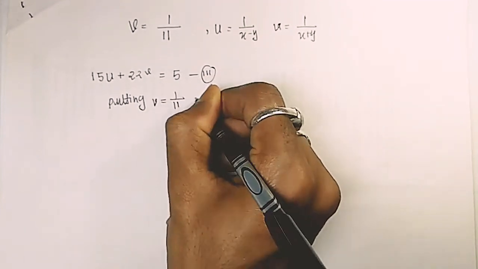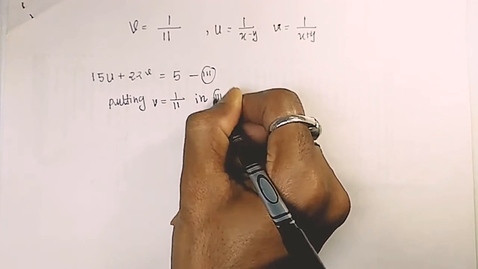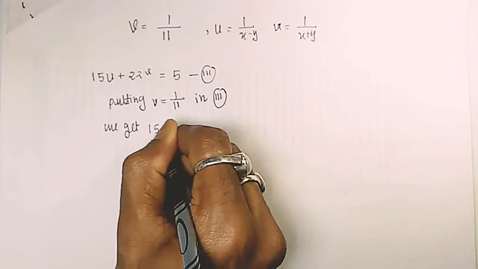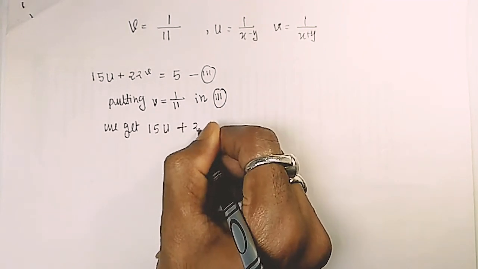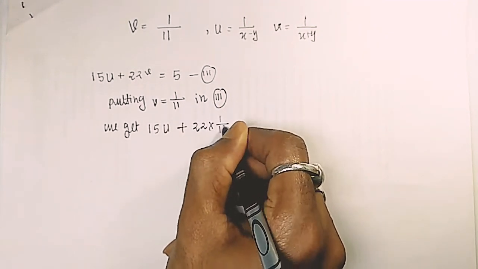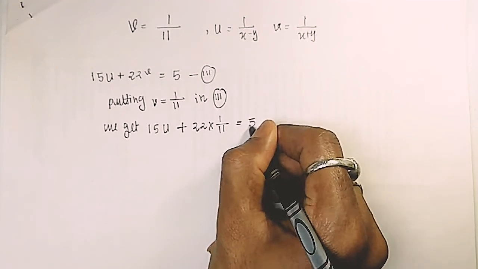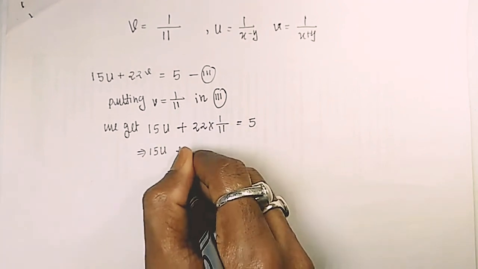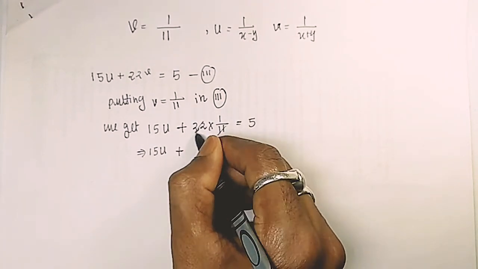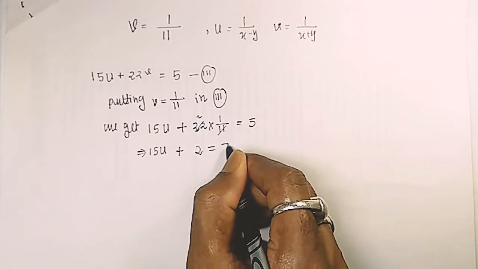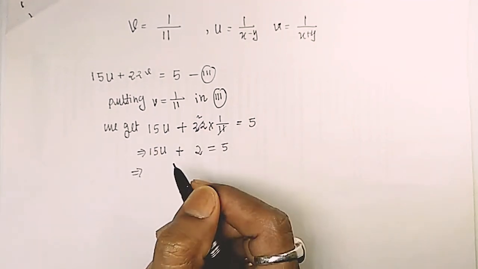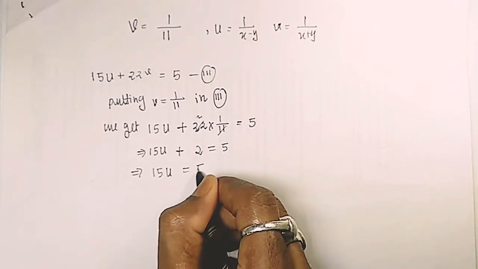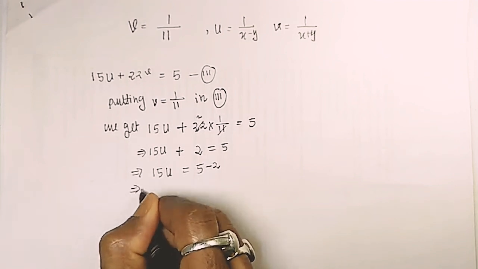Putting v equals 1 by 11 in equation 3, we get 15u plus 22 into 1 by 11 equals 5. So 15u plus 2 equals 5, so 15u equals 5 minus 2.